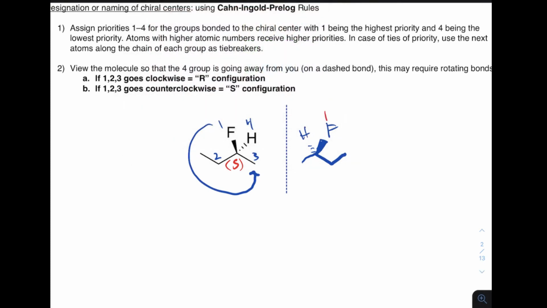Fluorine is priority 1, ethyl 2, methyl 3, and hydrogen 4. And when we try to look at the numbering, the priority list, we see that it goes clockwise instead. So this carbon has a configuration of R. These are enantiomers.